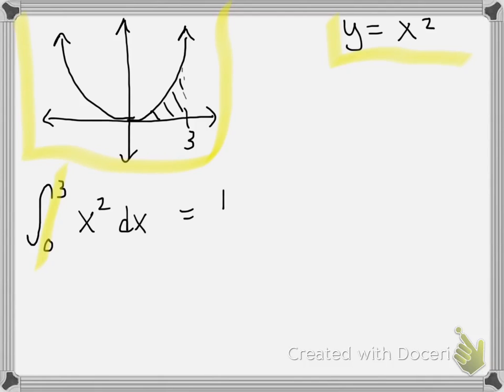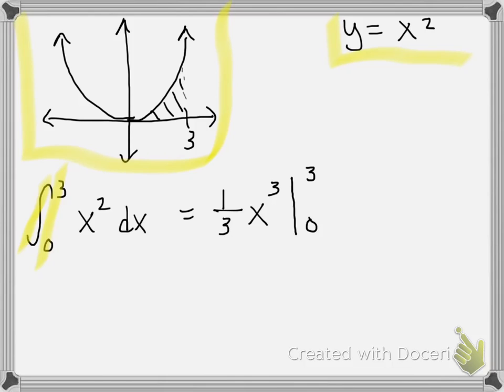So we'd have 1 over n plus 1, so x cubed over 3. Since we've taken the integral, the integral sign can go away, but we still have our from 0 to 3. So put your little bar there to remind you that you're going from 0 to 3.